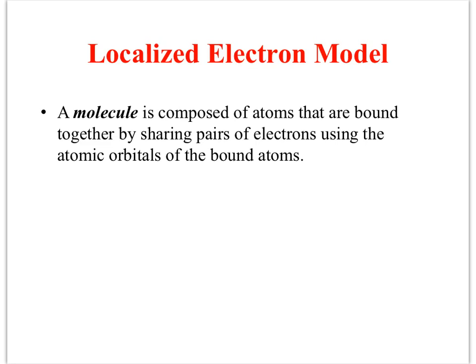So first of all, when we're talking about a Lewis structure of a molecule, we're dealing with covalent substances. So these are only non-metal Lewis structures that we're working with, and we call this a localized electron model.